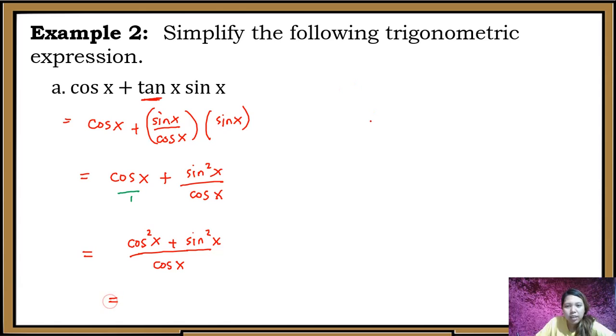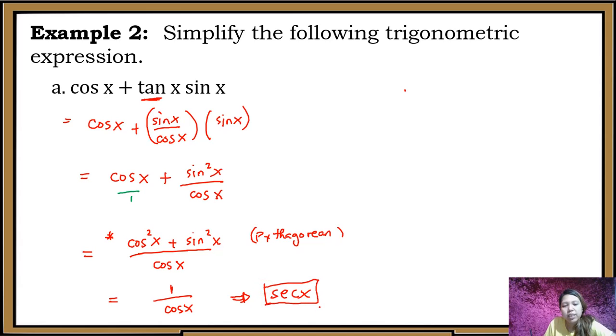Take note that the identity used here is Pythagorean. So that's equivalent to 1 over cosine x. And 1 over cosine x is secant. So the simplified form for our function is secant x.